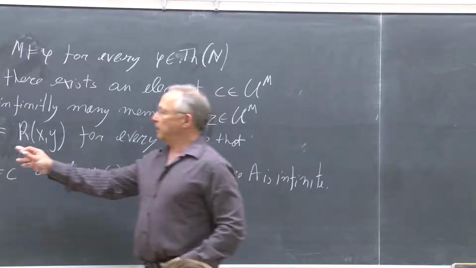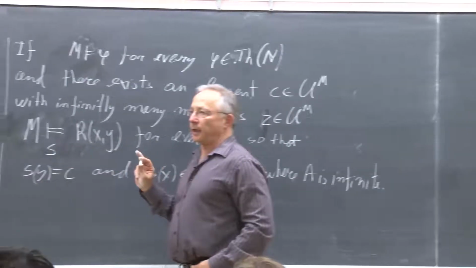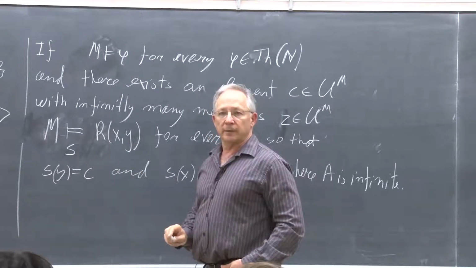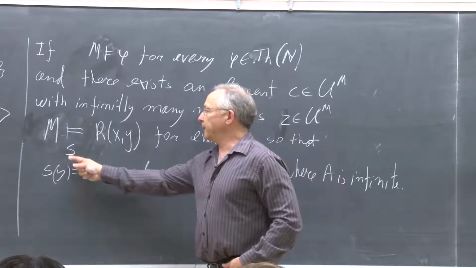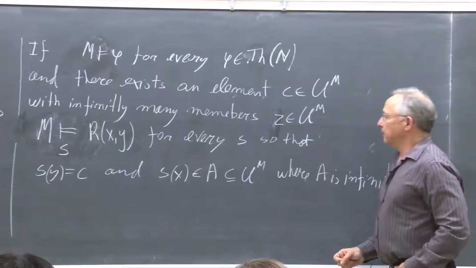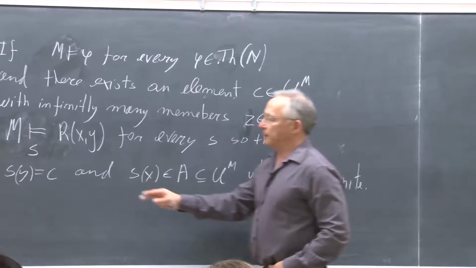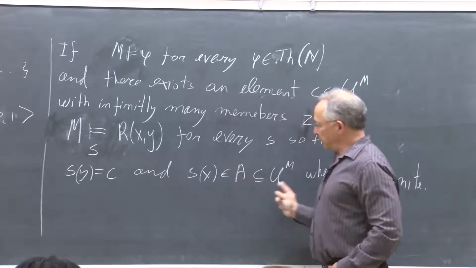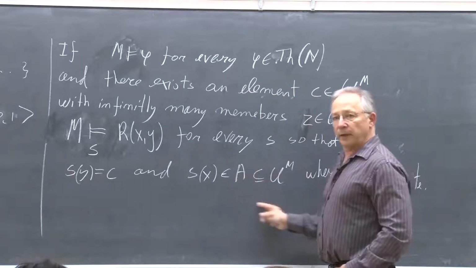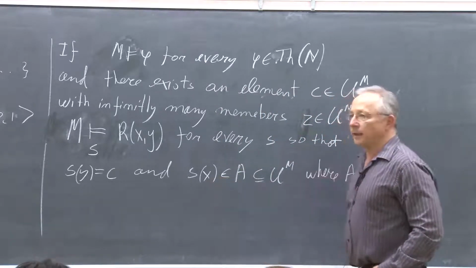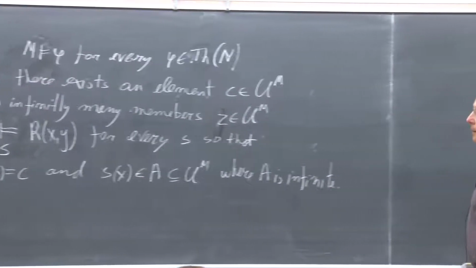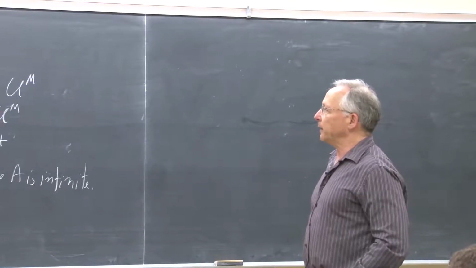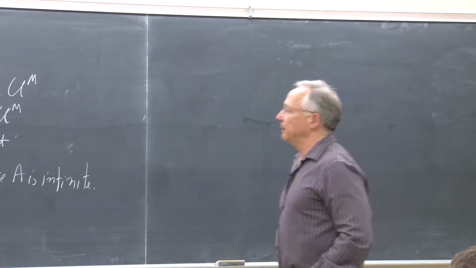In this structure, I have the formula Rxy, and I can ask for which assignments S to X and to Y this will hold. If the assignment takes Y to this element C, then there are infinitely many elements of the structure, so that if you assign X to them, they will satisfy that they're smaller.